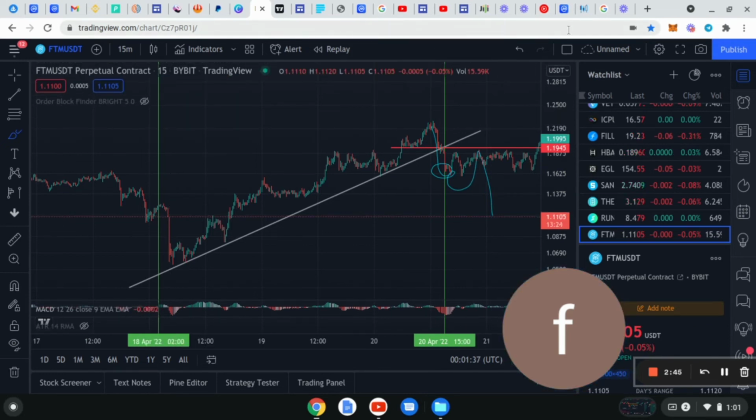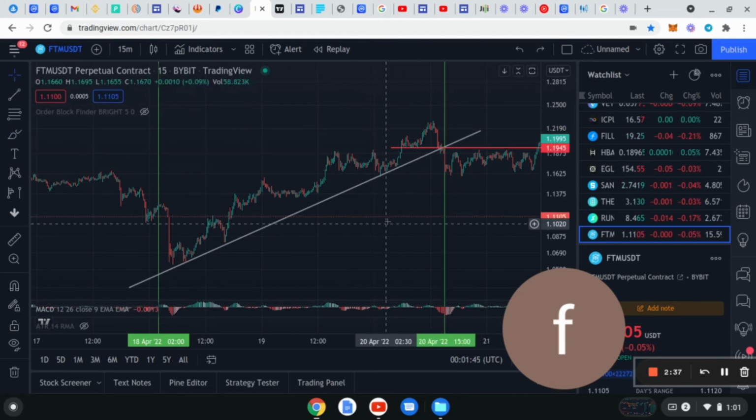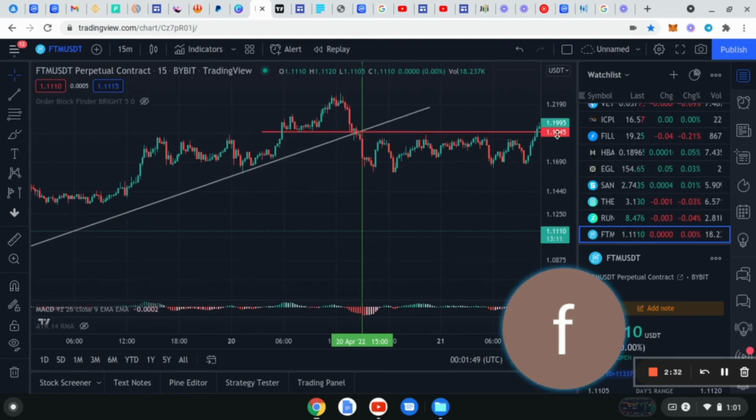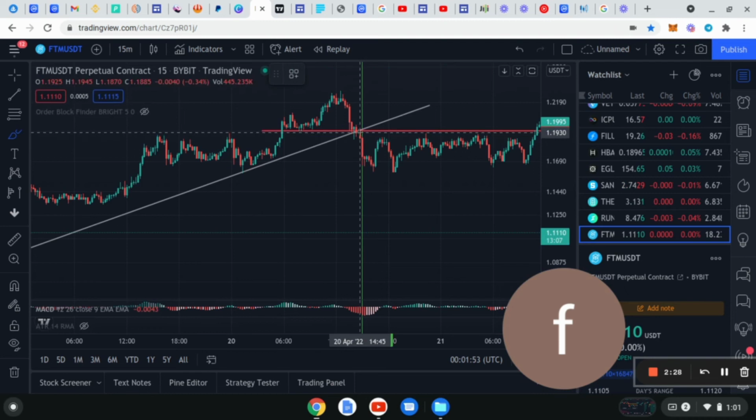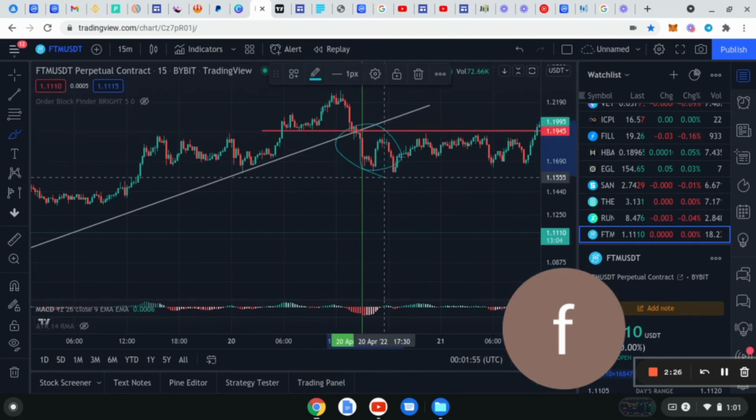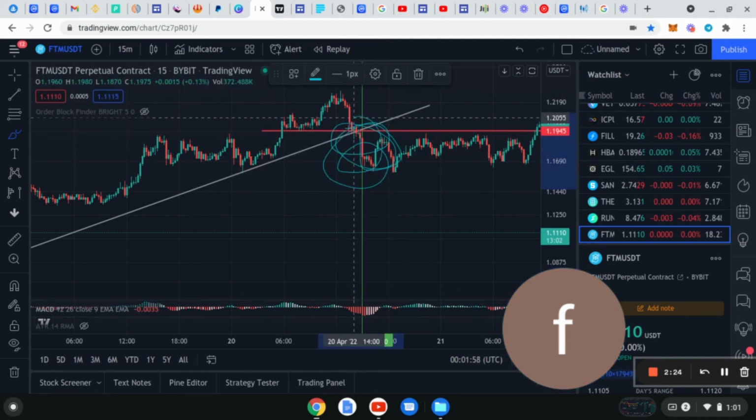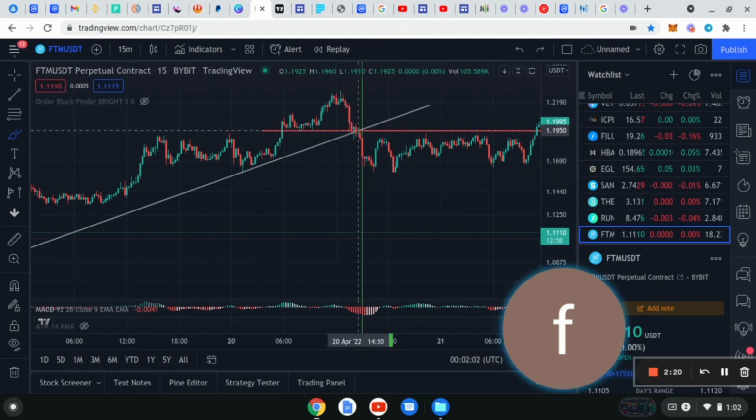You just wait for price to break that low, retest the place it broke the low, and trend down, and it happened. Immediately price broke this low with good volume, and price should break this low with good volume, not just some small tiny consolidation candle. As you can see here that I'm circling, price broke this low with a very good engulfing candle. That is very good volume for me.